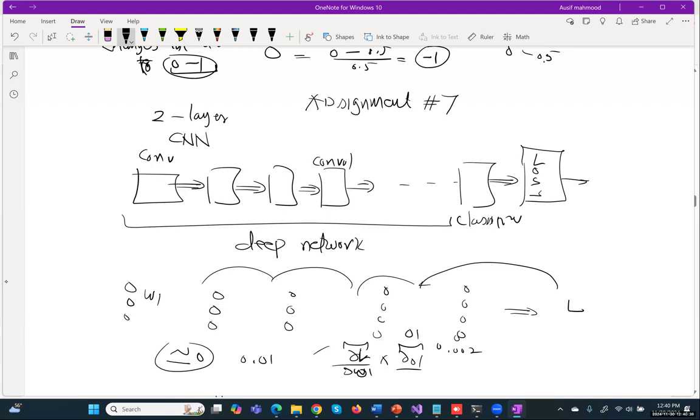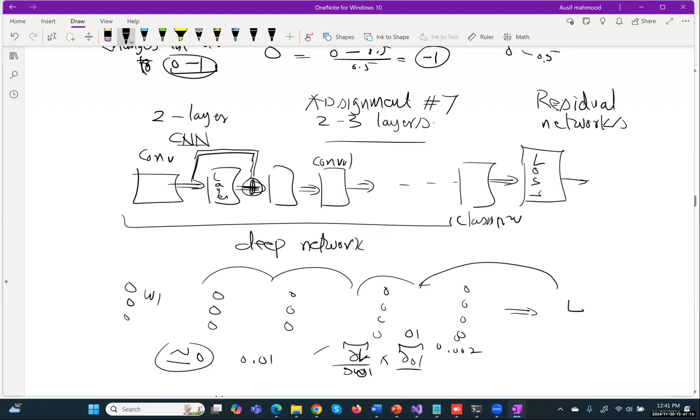So in the early days of deep networks, we recognized that after 2-3 layers, it doesn't learn much, until a famous paper introduced an idea called residual networks. And the idea is extremely simple. They said, just add skip connections, so that the input not only goes forward through a layer, but also skips the layer, and we add the 2 outputs.